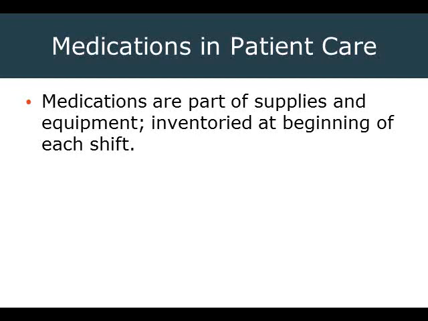The two ways that drug expirations are printed are that you'll either have a month and a year, so we'll say January of 2013, or 01/2013. They'll have that printed on the label.